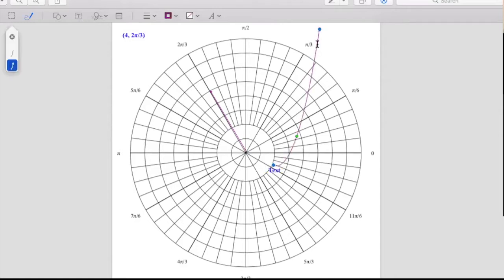One has to do with the definition of cosine. If you remember, cosine of theta is equal to x over r, and sine of theta is equal to y over r.